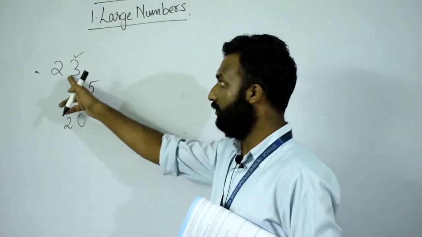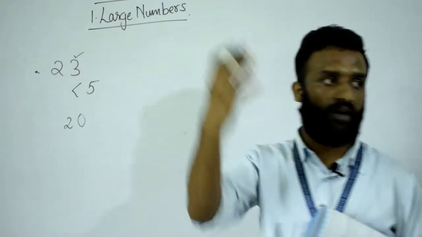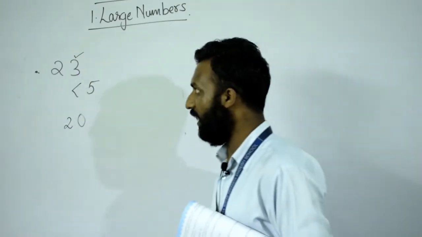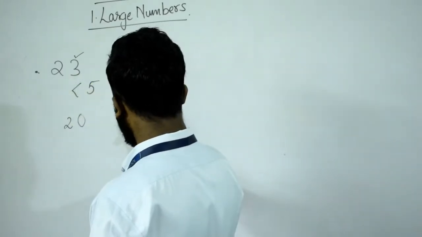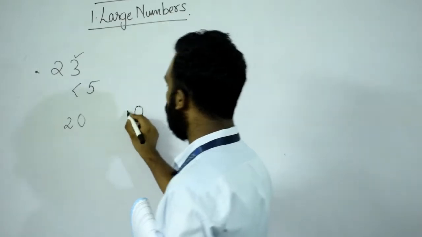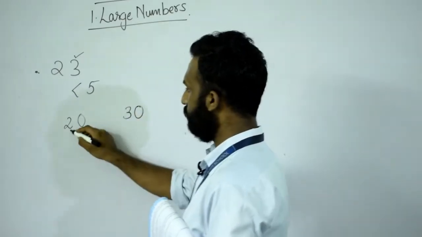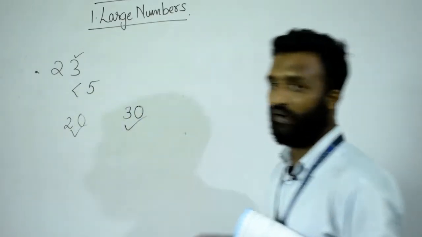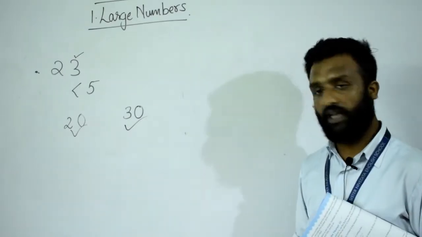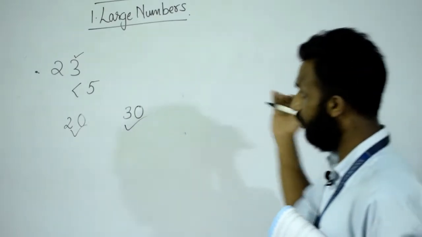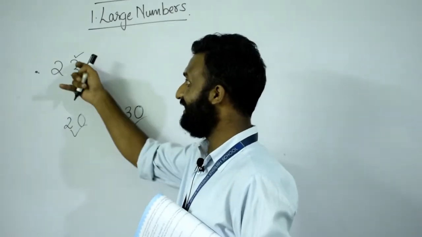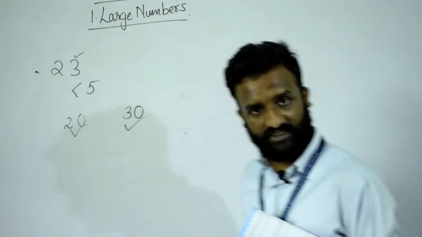Suppose the number at the ones place is more than 5. Then we change this number to 0 and add 1 to the tens place. This is the shortcut to find the rounding of numbers, as we have done in the lower and previous classes. Again I am repeating: we check the number at the ones place.